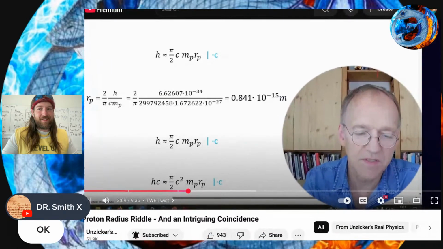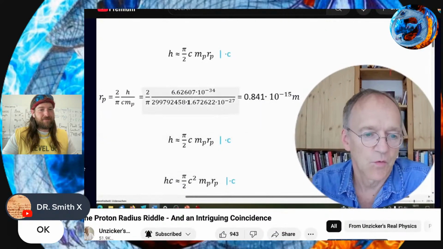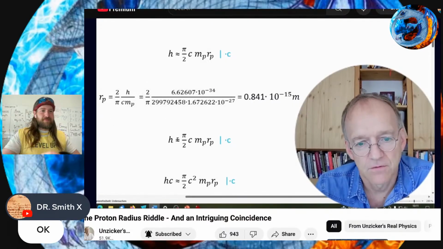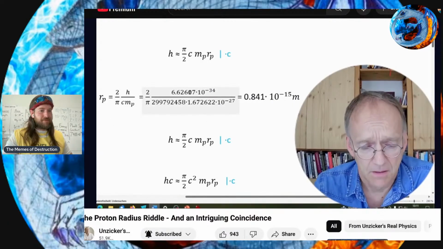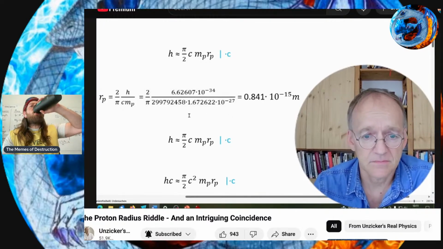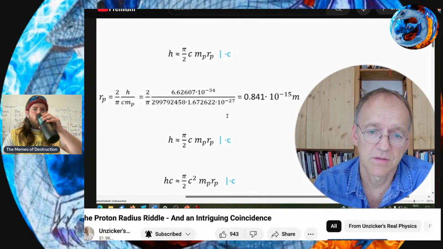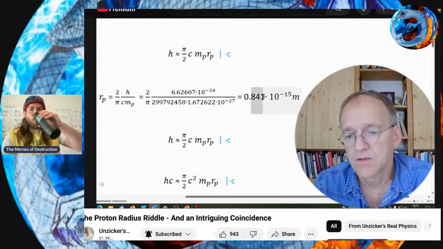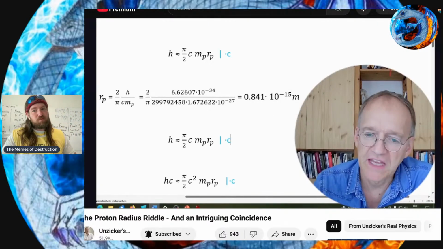So let us continue. So first of all, again, you have, if you put it in here, the numerical value of Planck's constant, the speed of light by definition, the mass of the proton, a couple of digits, and you end up with this fairly precise value.